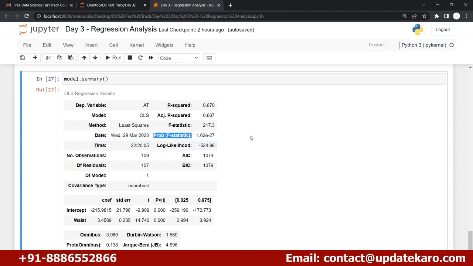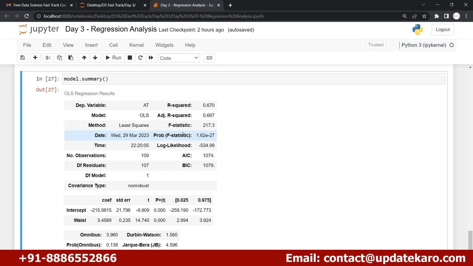So here you can see the value is 0.00000, a very small value, because e raised to minus 27 is there, which means around 26 zeros are there before the one. So it is absolutely less than 0.05.